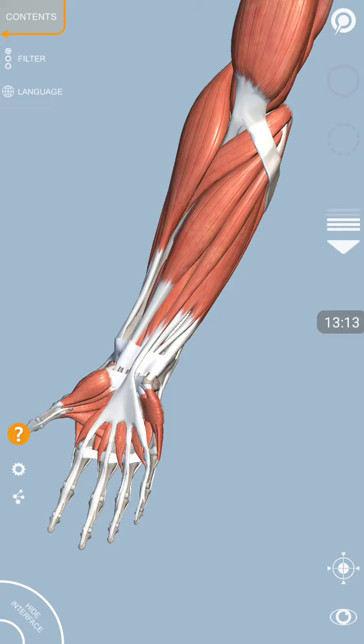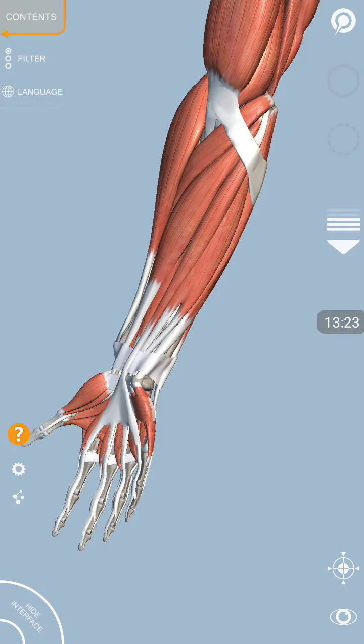All the muscles of the forearm are supplied by the median nerve except for one and a half muscle, and those one and a half muscle are flexor carpi ulnaris and the medial half of the flexor digitorum profundus. These two muscles are supplied by the ulnar nerve, and the rest of the forearm muscles, whether superficial, intermediate layer, or deep layer, are all supplied by the median nerve.